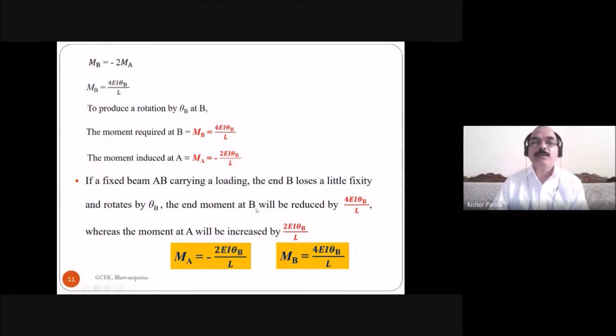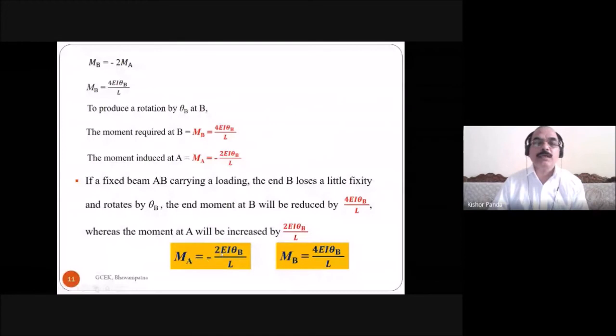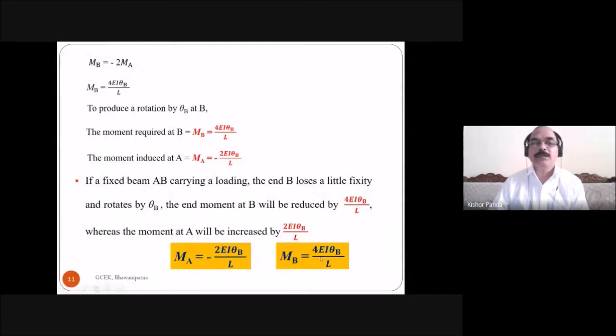The end moment at B will be reduced by 4 EI theta B by L, whereas the moment at A will be increased by 2 EI theta B by L. So this is the moment that you can find out. MA is equal to minus 2 EI theta B by L, and MB is equal to 4 EI theta B by L, due to the rotation of support B by an amount theta B.